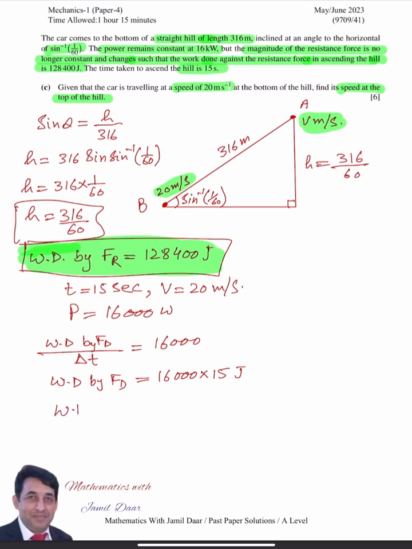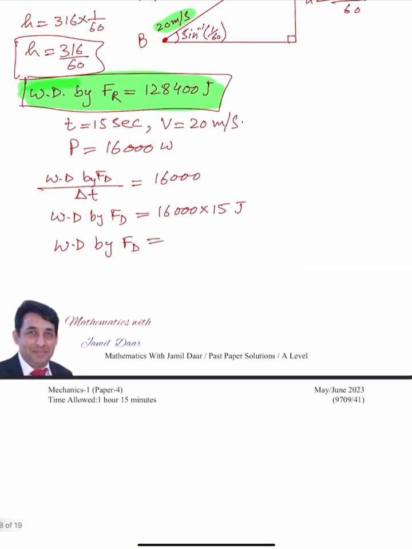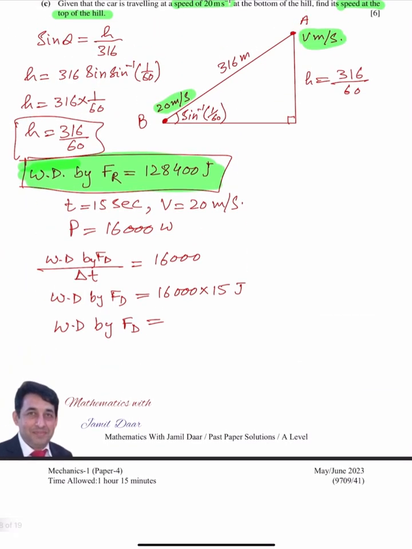Let me calculate it. 16,000 into 15 is equal to 240,000 joules.